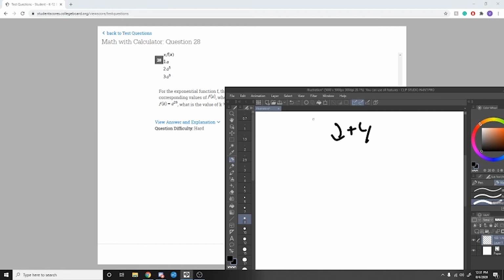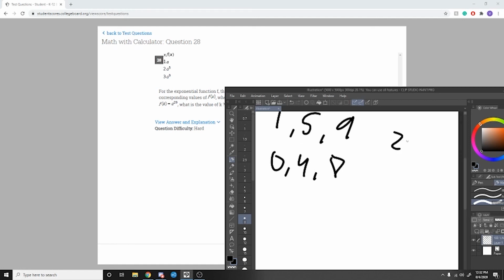And if you see the numbers, it's 1, 5, 9. If you minus all of these by 1, 0, 4, 8, these are all just increments of 4, starting with 0. So let's look at the 29. If you do 29 minus 1, it's 28. Now 28 over 4, that would just be 7. Now the answer is not 7.